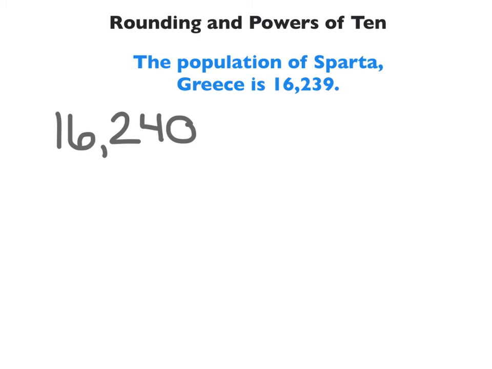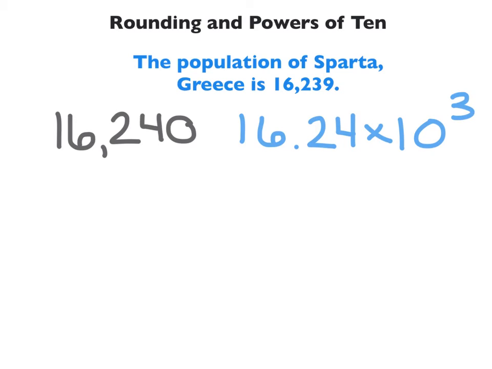Okay, now I am going to write that number again using powers of 10. So here's one way that I could write it. I could write 16.24 times 10 to the third. I could also write 162.4 times 10 to the second.